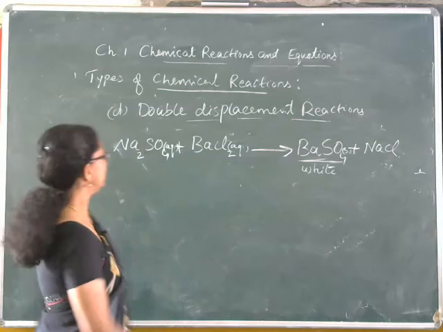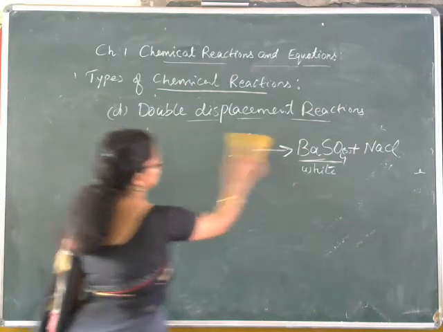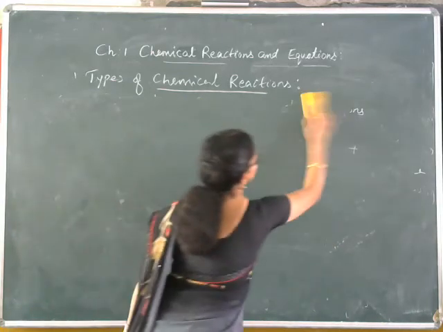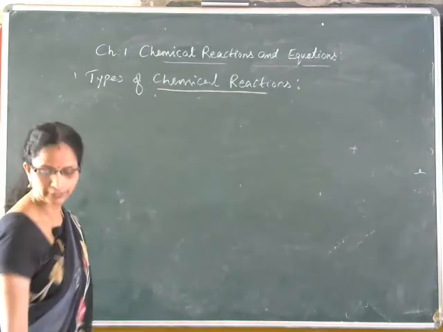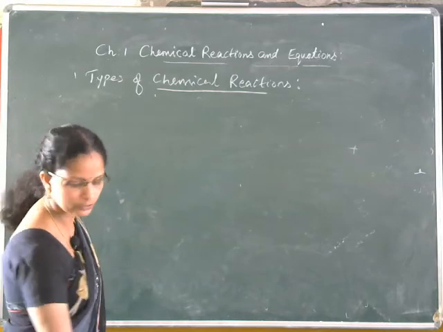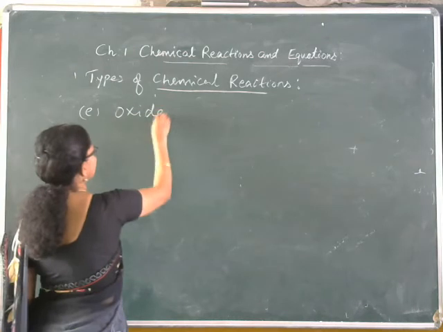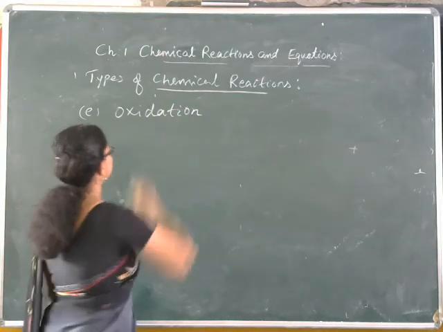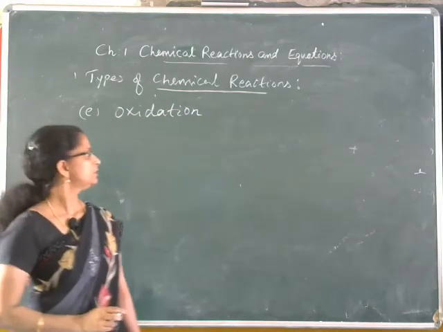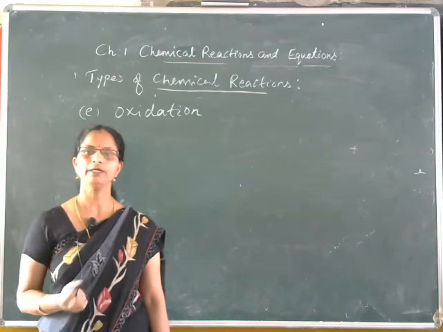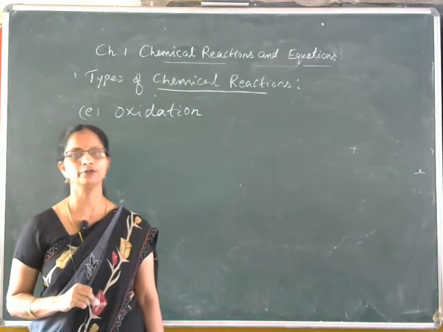Now, moving to the next type, that is oxidation reduction reactions. In this class we are going to deal with this heading only in terms of gaining and losing of hydrogen or oxygen.